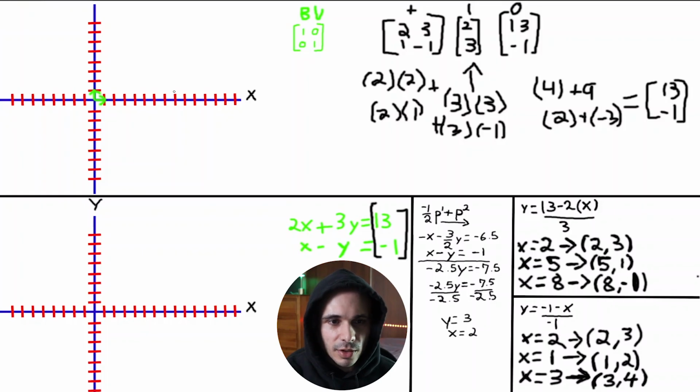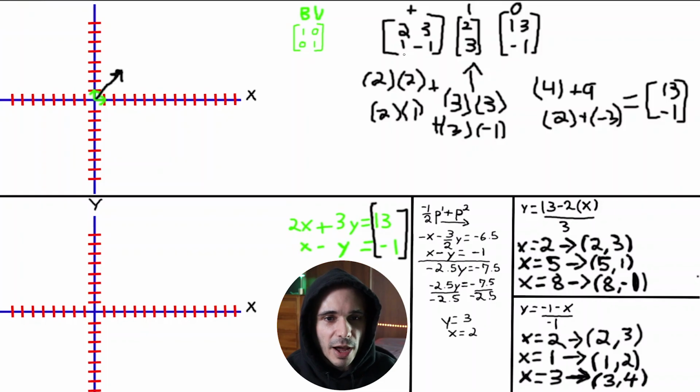If we want to plot that, we have the input vector that we're going to put right here. That's what it looks like in the initial basis vector view. That's the input.